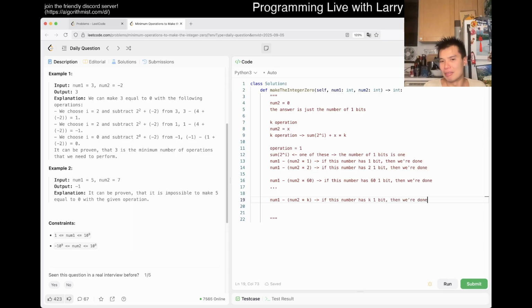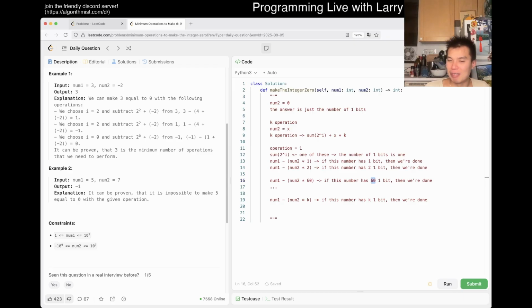But it depends on the domain. If this is up to 10 to the 9, so let's say this is the biggest number, 10 to the 9, and for whatever reason this is negative 10 to the 9 times k, which is not going to be 10 to the 9. We said that it's going to be at most 60, but you could even say 100.